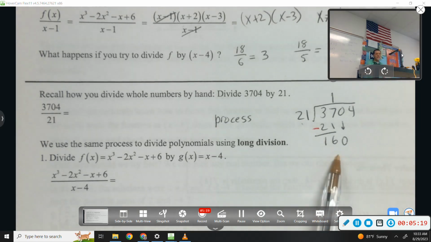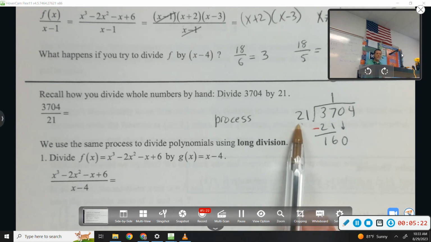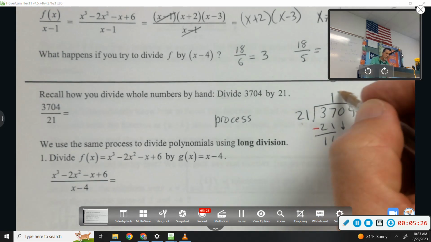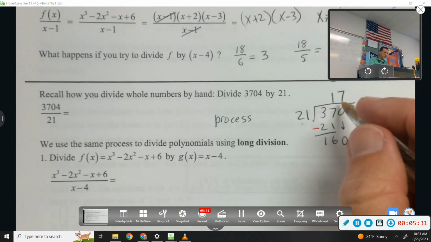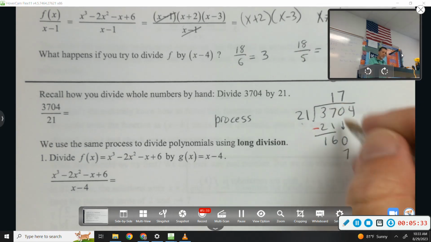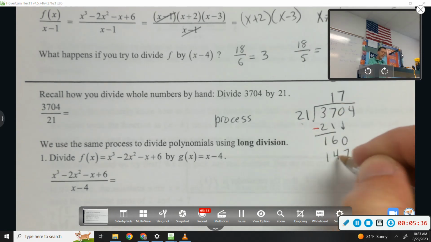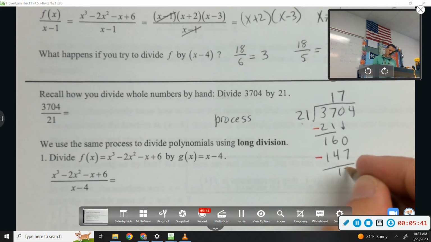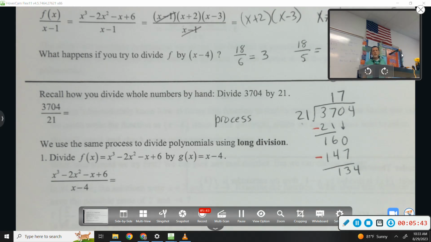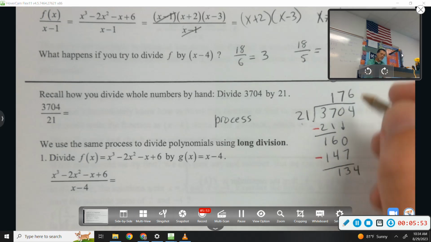21 goes into 160. Yeah, 8 times 20 would be 160. So 8 times 21 is too many. So we'll back up and do 7. 7 times 1 is 7. 7 times 20 is 140. And then subtract. That leaves 13. Bring down the 4. Something times 21 gives me close to 134. 6.